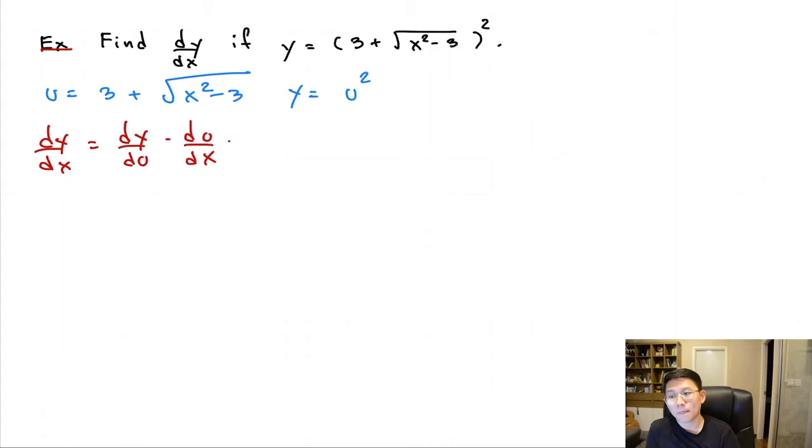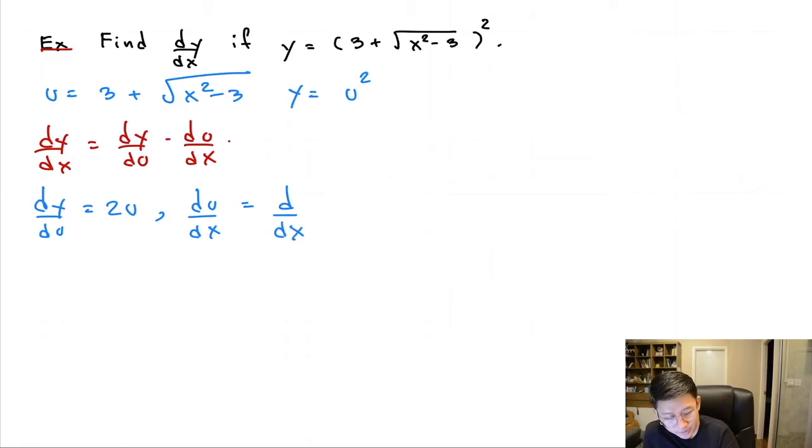And we know that dy by du is 2u, the derivative of y with respect to u. And du by dx is the derivative of u, which is 3 plus square root of x squared minus 3.